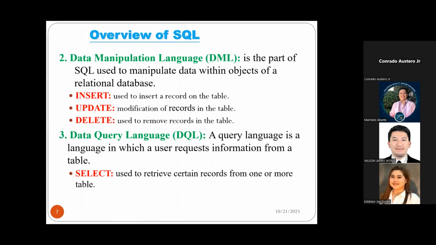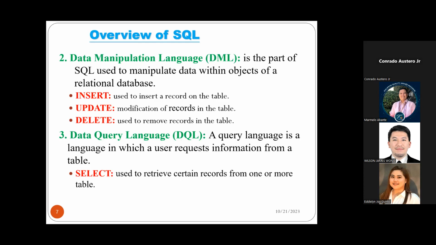Second, the data manipulation language, or DML, is a part of SQL used to manipulate data within objects of a relational database. One function is insert, which is used to insert a record on a table. Update is the modification of records in a table.